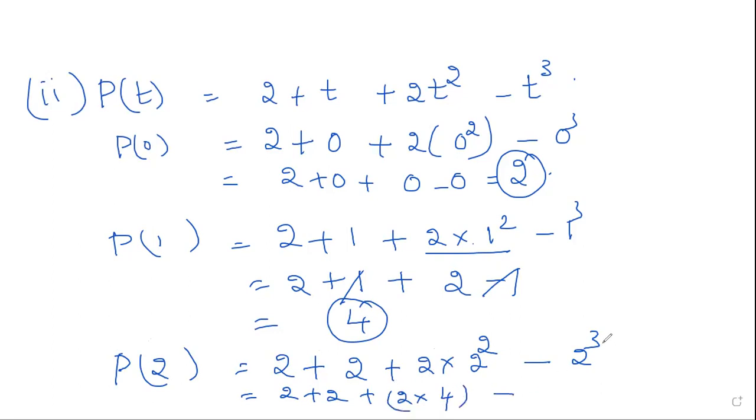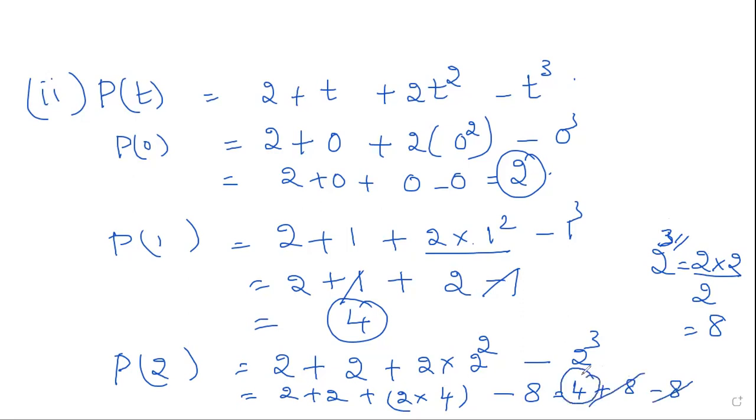So minus, what is 2 cube? 2 cube is nothing but multiply the base. How many times? Yes, 3 times. Power is 3, so multiply 3 times. 2 2s are 4. 4 2s are 8. Okay. So 2 plus 2 is 4. 4 2s are 8 minus 8, plus 8 minus 8 cancel. Answer is 4, children.